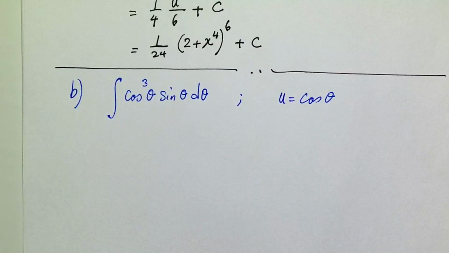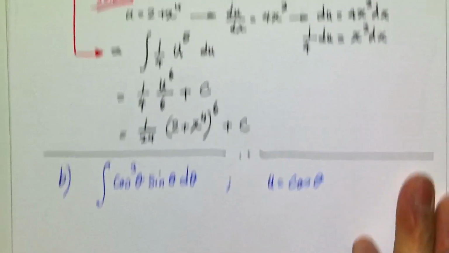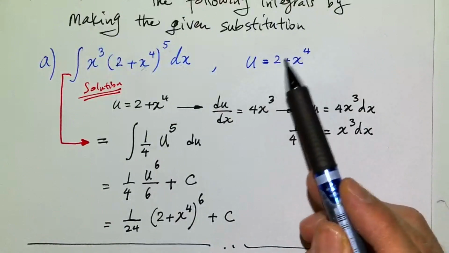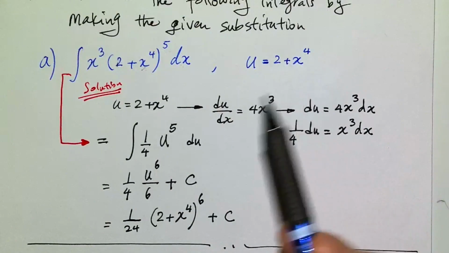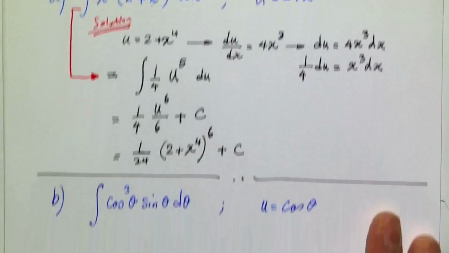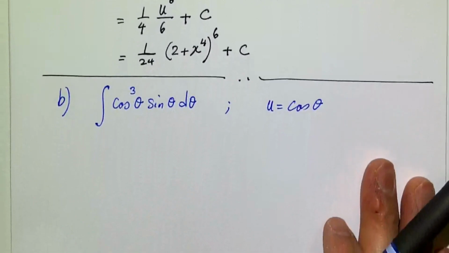But now, as you saw in the first example, as soon as we've established what it is that we're substituting for, we need to calculate du dx, or in this case, du d theta.